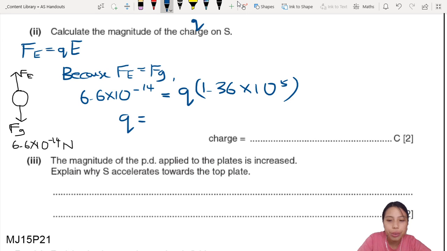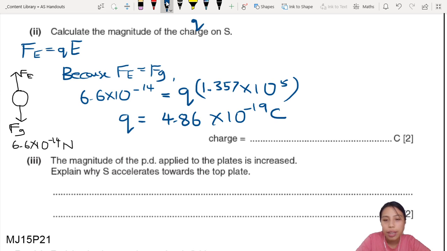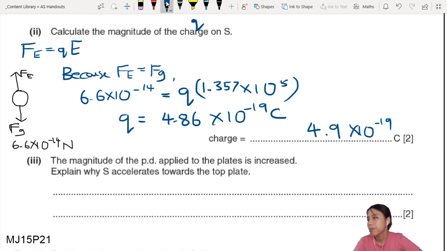Then we can find our Q. In my calculation, instead of using 1.36, I used more decimal points. That's okay if you use more, just not too little. In fact, more will be more accurate. I used 1.357, my original calculation. So I'll get about 4.86 times 10 to the negative 19 coulombs. But in my final answer in the dotted line, I can round it off to 2 SF. So I'll say 4.9 times 10 to the negative 19.